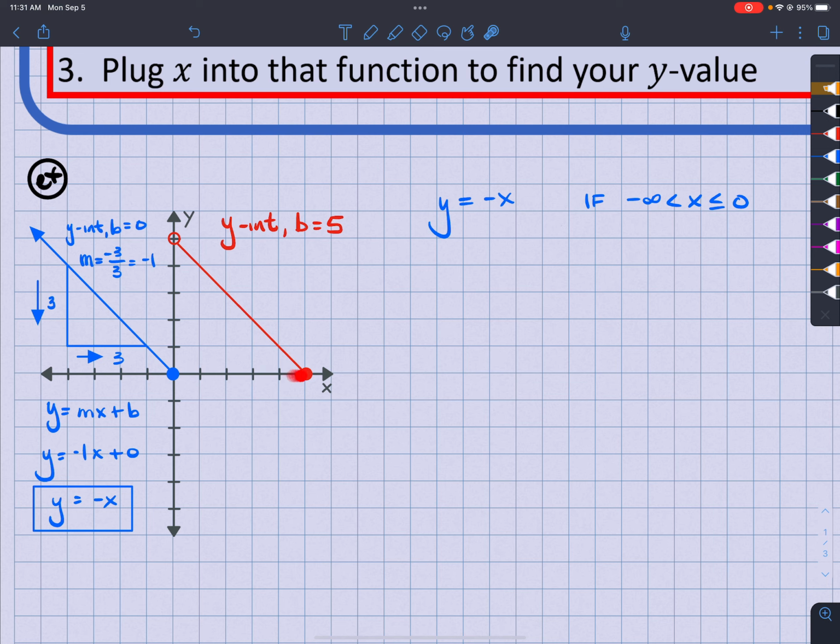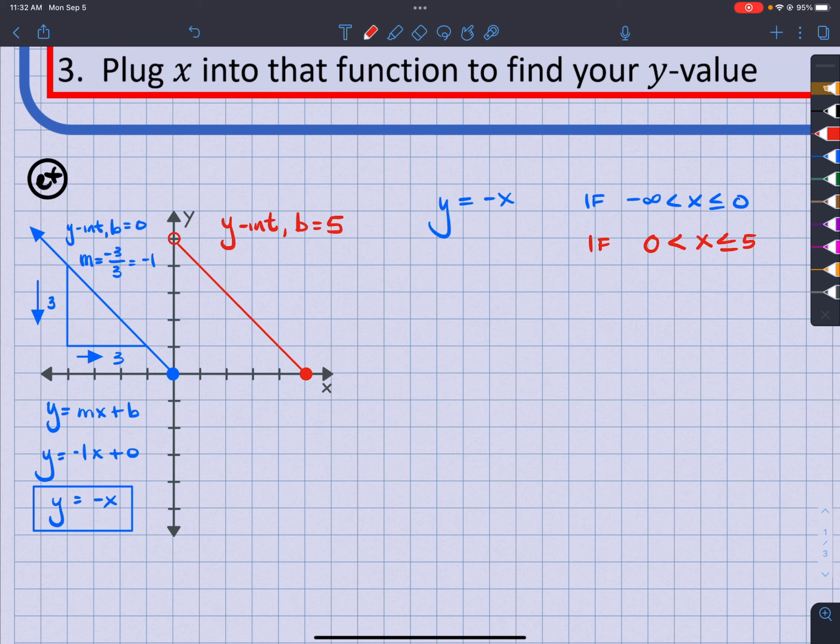It goes from 0 to 1, 2, 3, 4, 5. So 0 to 5, but it doesn't include 0. You see that? So it goes from 0, doesn't include 0, and all the way to 5, but includes 5 because that is a closed circle here.